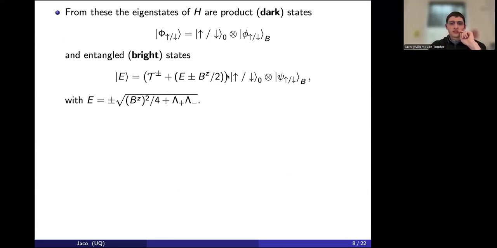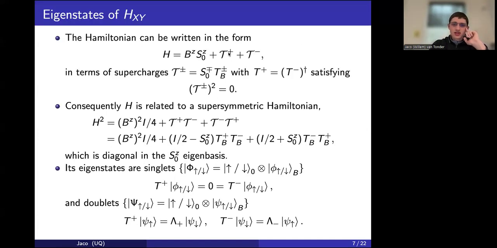So now getting back to the Hamiltonian, we can directly construct the eigenstates from these. So firstly, from the singlets, we immediately have that they are also eigenstates of H, just because the singlets are killed by the supercharges and they are diagonal in the SZ naught operator eigenbases.